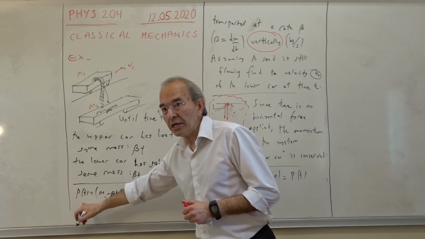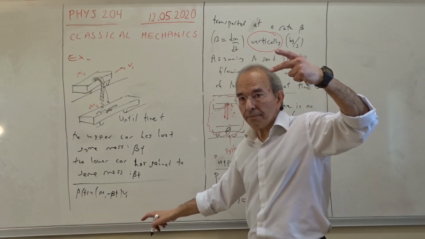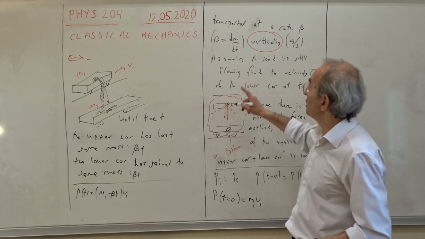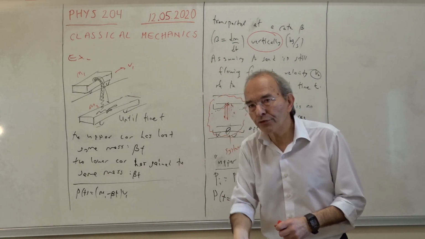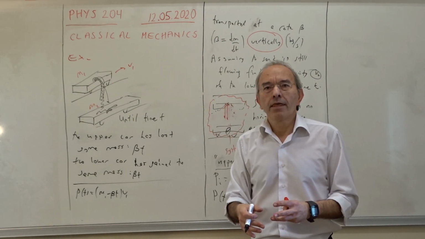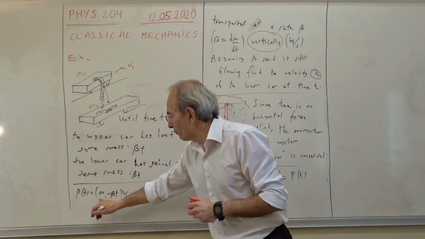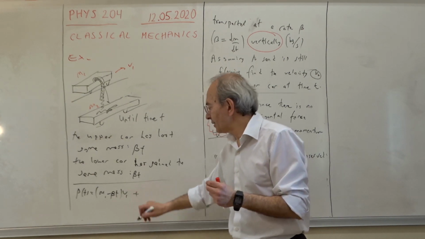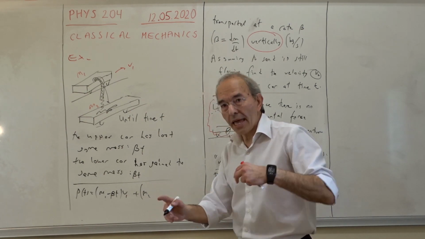So at time t, from the beginning, the upper car has lost some mass by this much, m1 minus beta t. Again, let me repeat, beta corresponds to so many kilograms per second. It is the time rate of flow of sand. So m1 minus beta t times still the same velocity v1, plus the lower car. But the lower car is now a bit more massive.